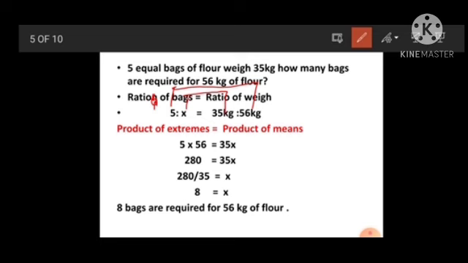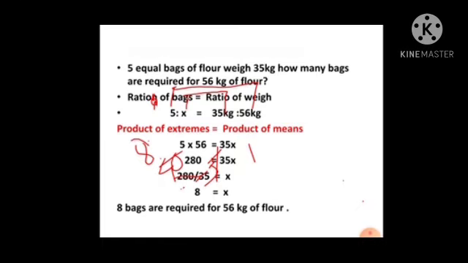Then x equal to 280 divided by 35. 7 5s are 35 and 7 4s are 28, 0. So now again 5 1s are 5, 5 8s are 40. So x equal to 8. So 8 bags are required for 56 kilogram of flour.